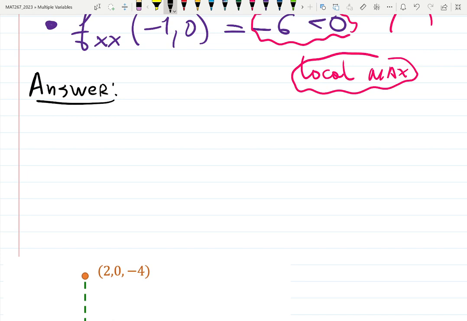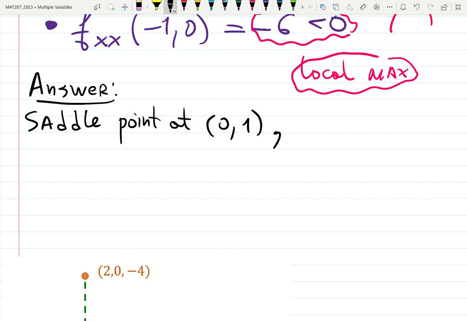We have a saddle point, local min, local max. Saddle points: we have 2 saddle points at 0, 1 and 0, minus 1. They will ask you, so what's the height of that saddle point? Do you know how to find the height of a min, max, and a saddle point? What's the step for that? Plug into the original function.